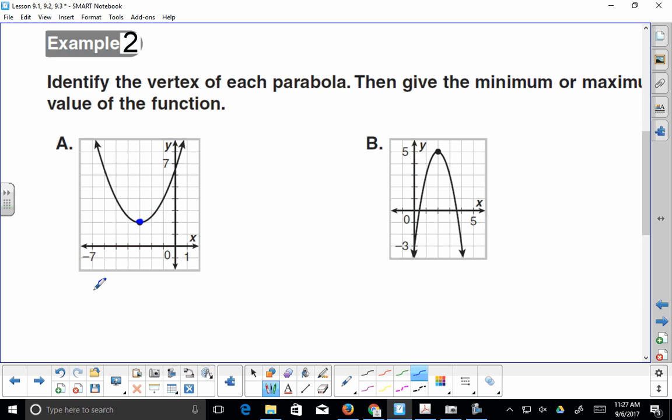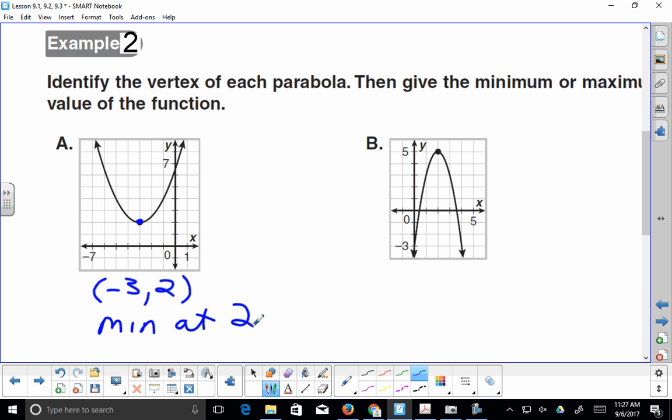Okay, negative 3, positive 2. All right, so is that a maximum or a minimum? So it's at the bottom, right? So if it's at the bottom, that means it's a minimum. So this has a minimum at the y value of 2, all right?